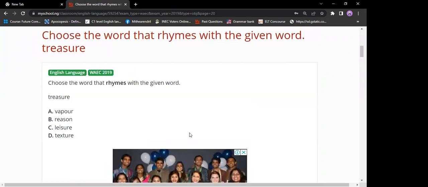Now what we have there now is treasure. Now we have vapor, we have reason, we have leisure, and we have texture. So the word we have is treasure.